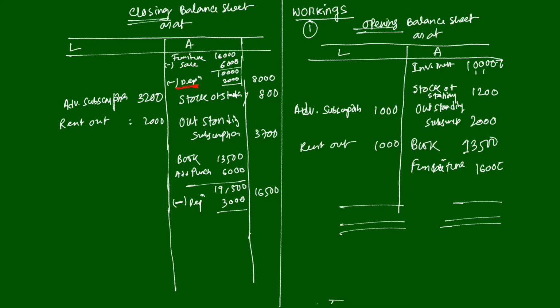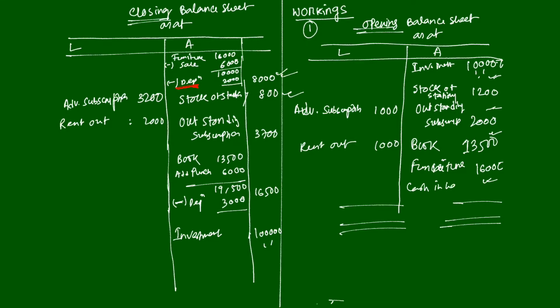You write that investment also in your closing balance sheet. Investment 1 lakh. Okay, so in your opening balance sheet we write 16,000, 1,200, 2,000. Cash in hand is not written here.